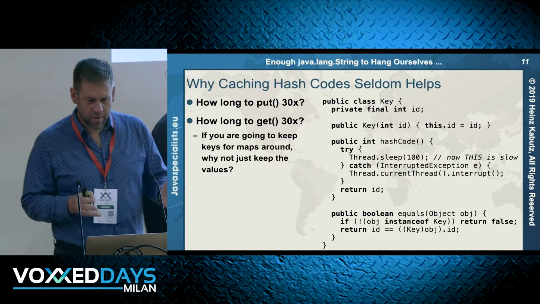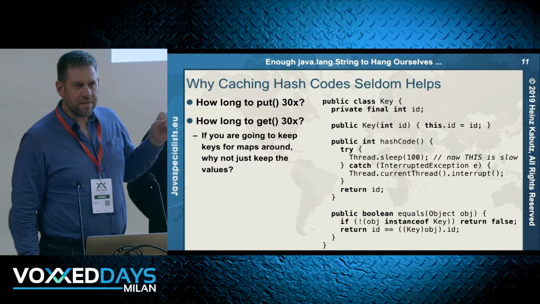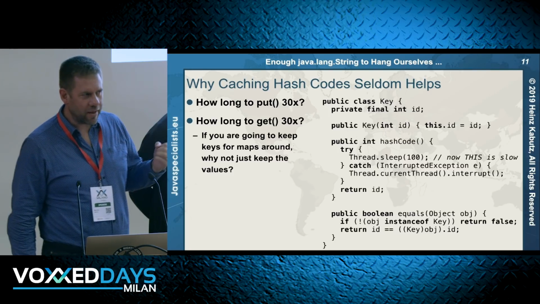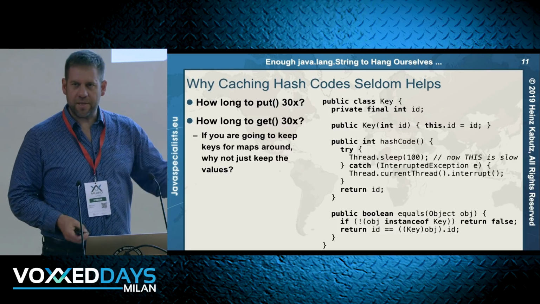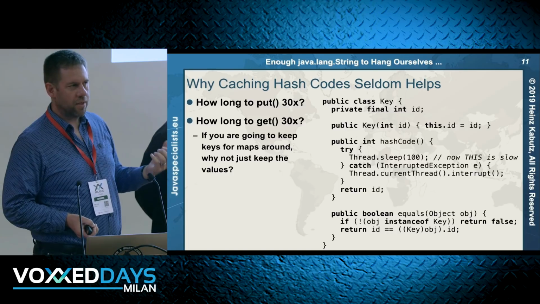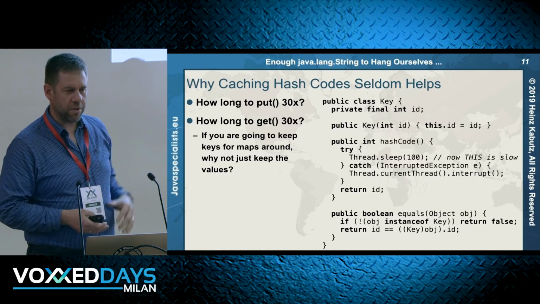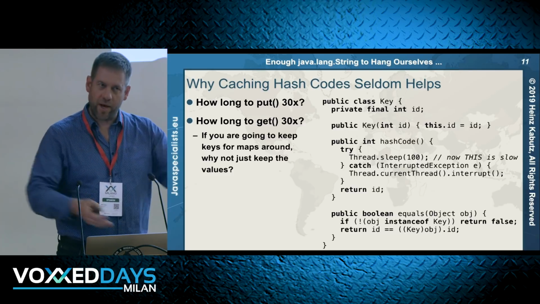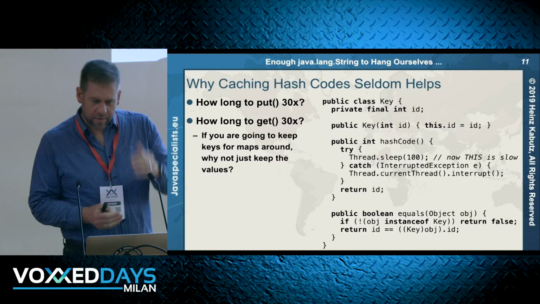Now, the idea with caching the hash code doesn't actually help us that often, because the whole point of a map is to put things in which you can get back later. So you put in the value, you throw away the key, and later when you want the object back again, you regenerate the key and you find the value again. That's how a map is used.